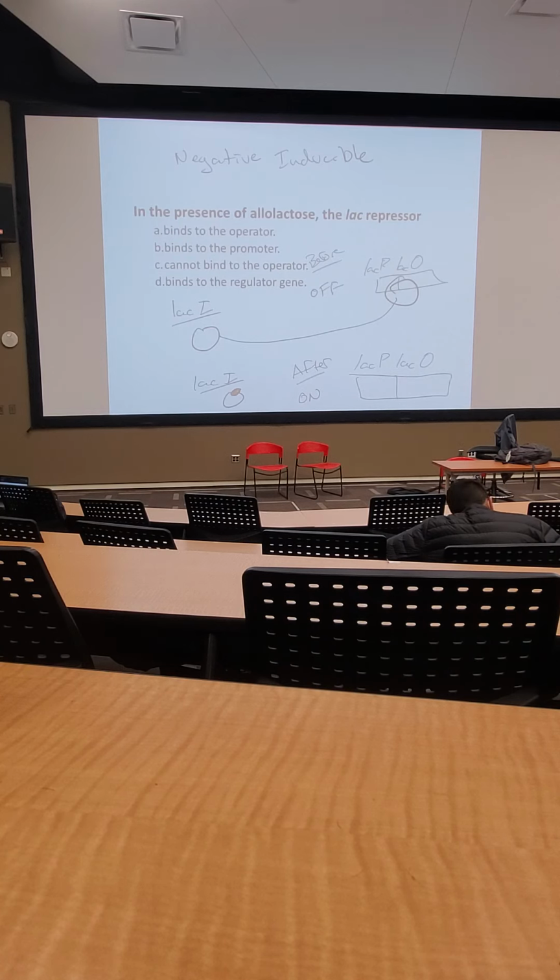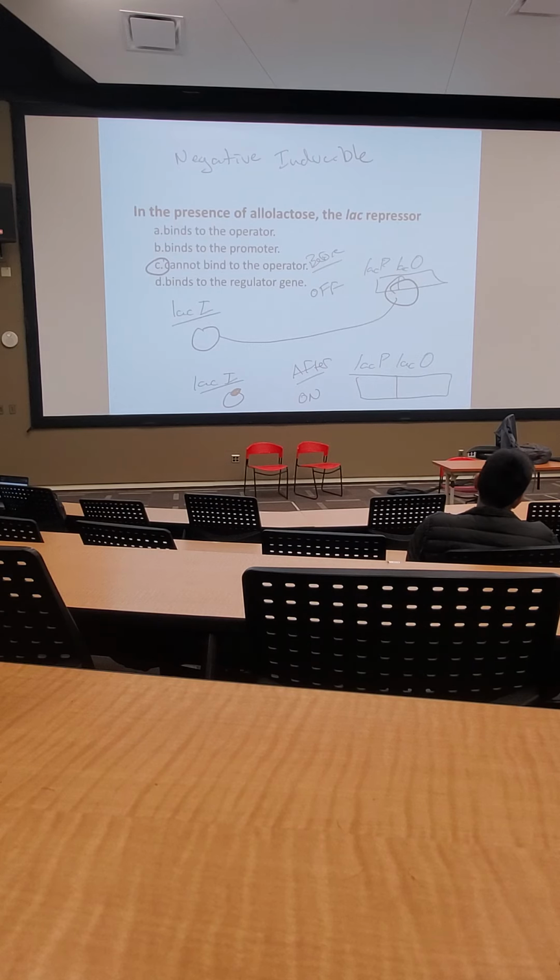So the best answer here is C. It's just the same way of saying it. The inactive regulator cannot bind to the operator. Transcription is turned on. So those are the key pieces, right? The only thing I needed to answer this question was to know how the operator is regulated. Negative, inducible. The inducible got me my before and after picture.